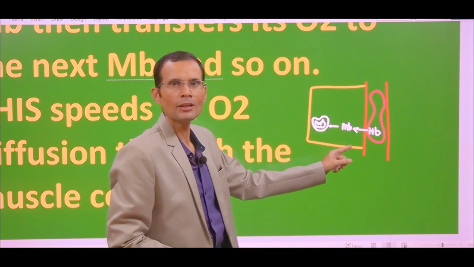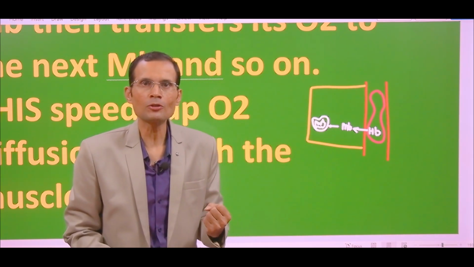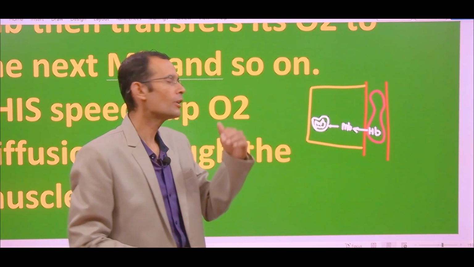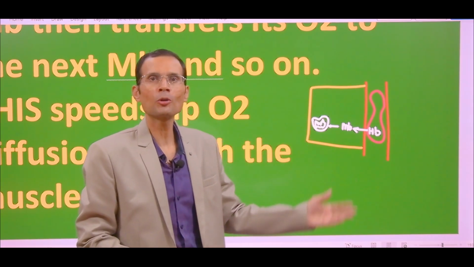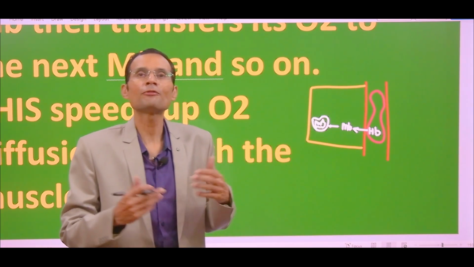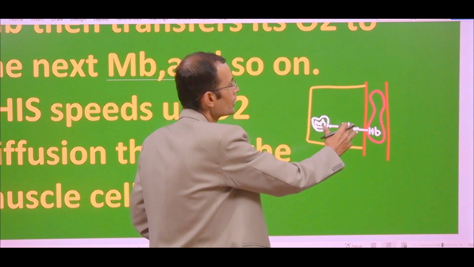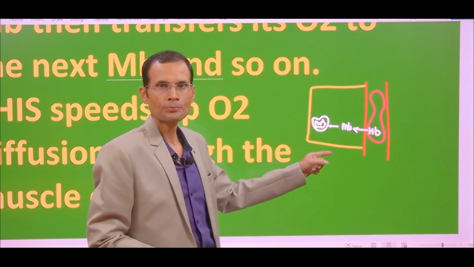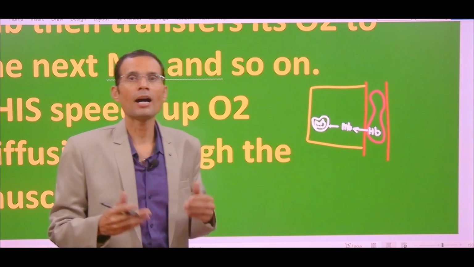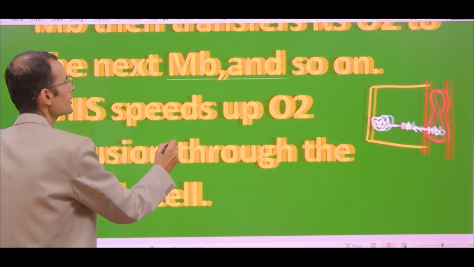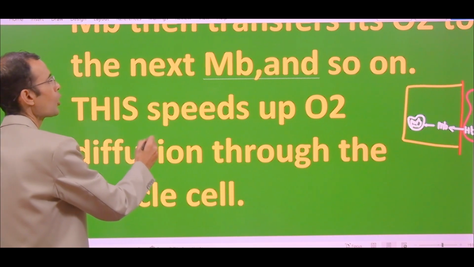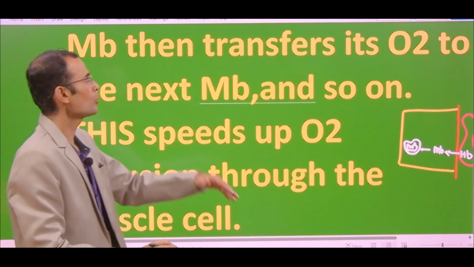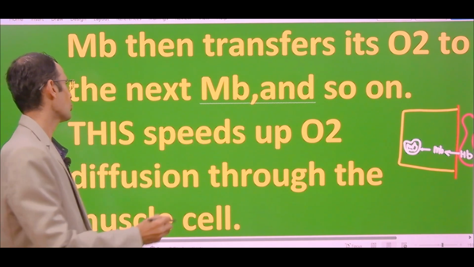So oxygen is delivered, myoglobin will take up this oxygen, and myoglobin will pass on this oxygen to another myoglobin molecule, and so on. And finally, the oxygen will be delivered to the mitochondria, where ATPs are being generated. So this is how oxygen transfer occurs, from hemoglobin to myoglobin, and then so on.